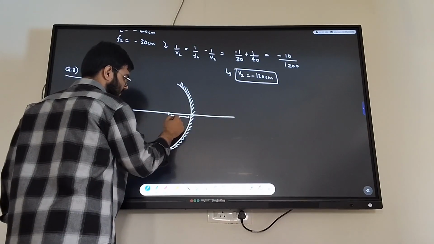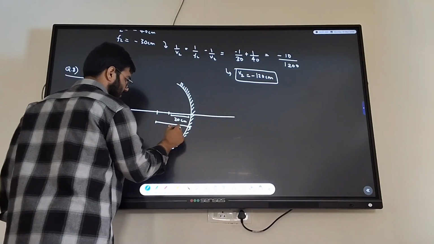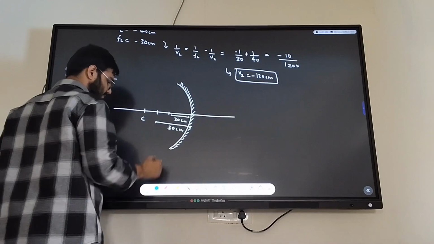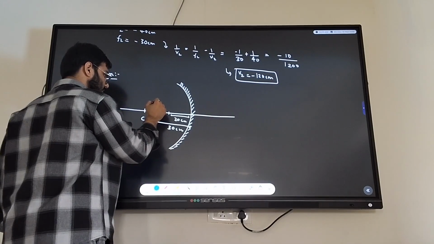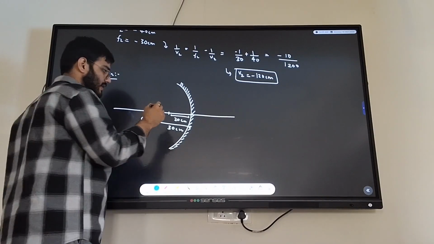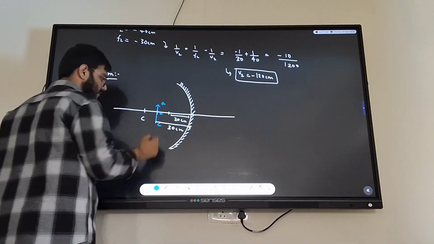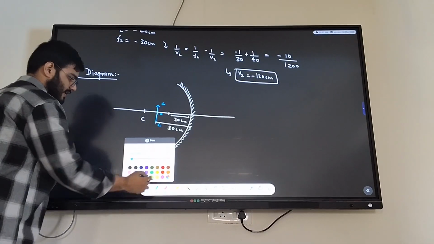This is 20. This is 30. This is C. What is greater, BC or AB? BC is greater. Yes. A, B, C. And now let's try to make the ray diagram.